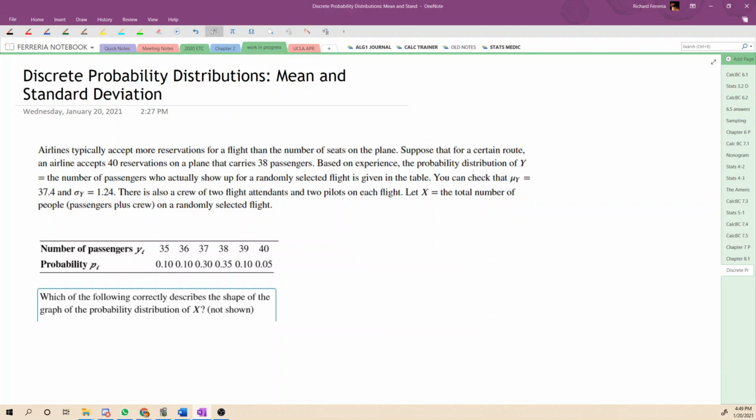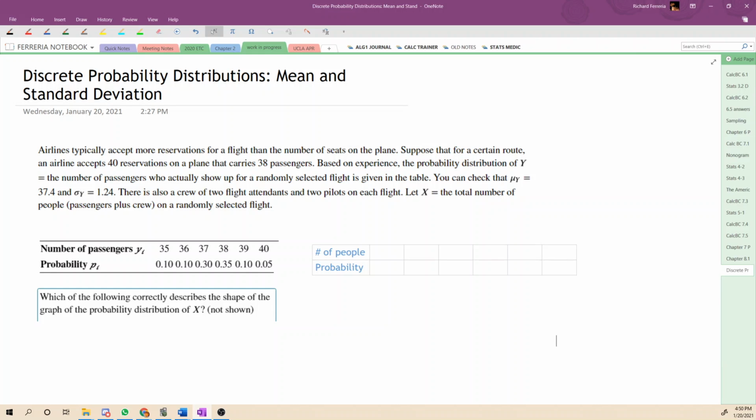Now we have a discrete probability distribution for y, but we don't have one for x yet. So why don't we go ahead and make that? X is going to be the number of people on the flight, so the number of people will be my first row, and the second row will be the probability.